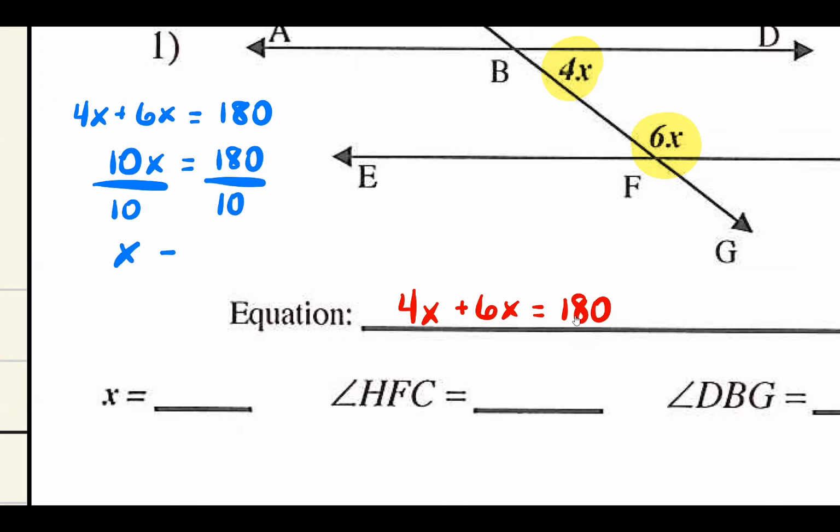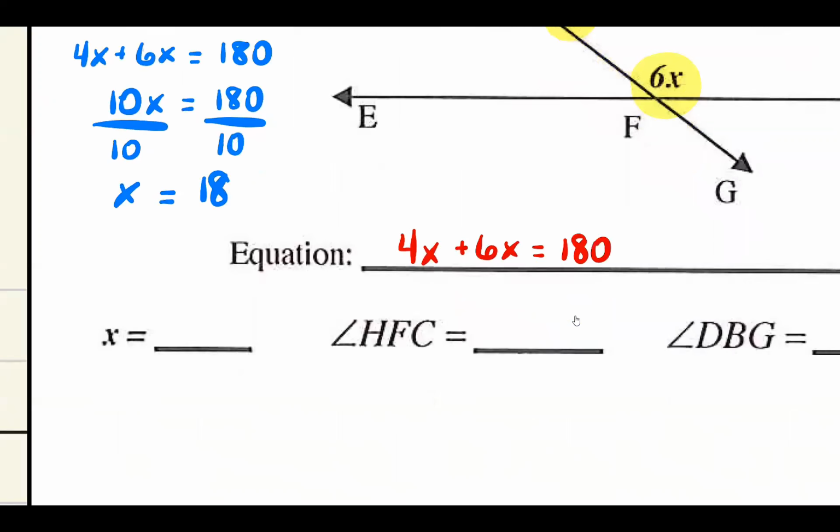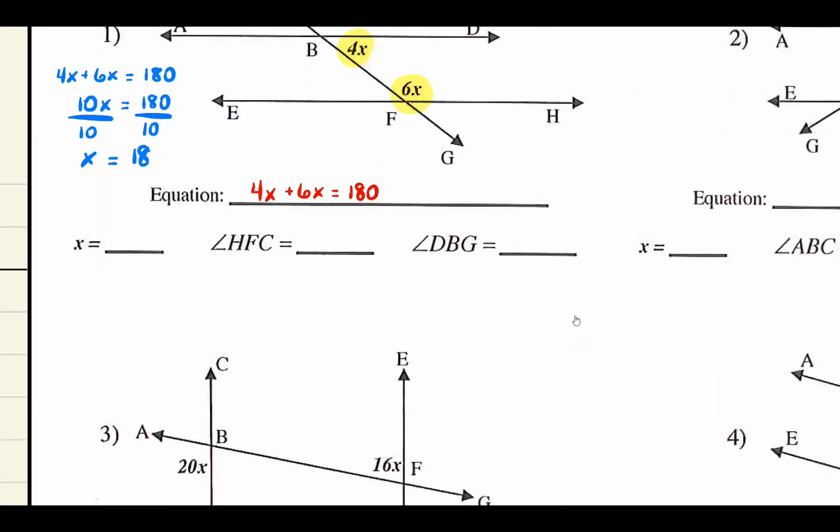180 divided by 10 gives me, we can just drop the zeros, right? Drop the zero, get with the zero, honey. Yes, queen. That's right. 18. So x equals 18.